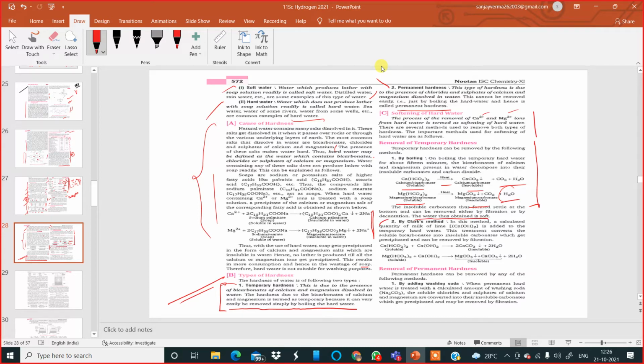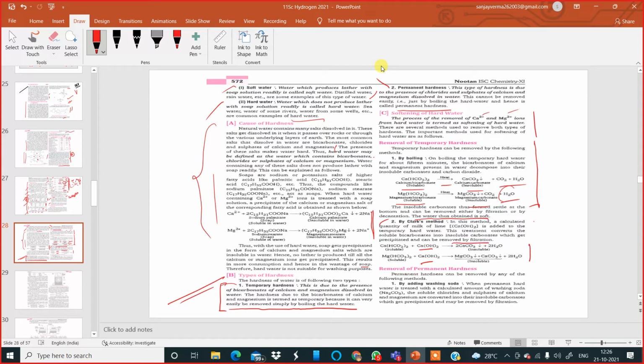Now, the other method is called Clark's method. In this method, a calculated amount of calcium hydroxide, that is called milk of lime, is added to the temporary hard water. This treatment converts the soluble bicarbonates into insoluble carbonates, which get precipitated and can be removed again by filtration.